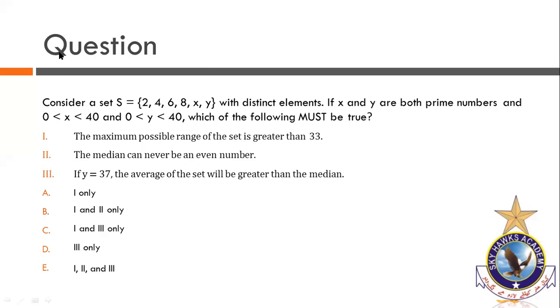Sure. Consider a set S equals 2, 4, 6, 8, x, y. If x and y are both prime numbers, and 0 is less than x and 40 is greater than x, and 0 is less than y, and... let me just hold a second.